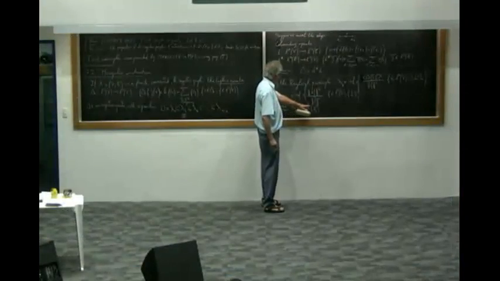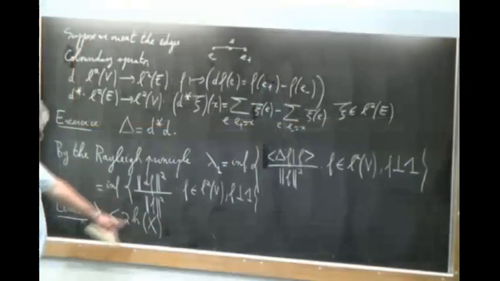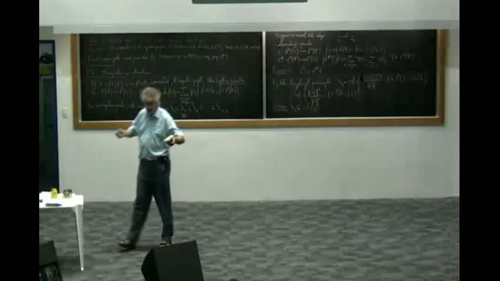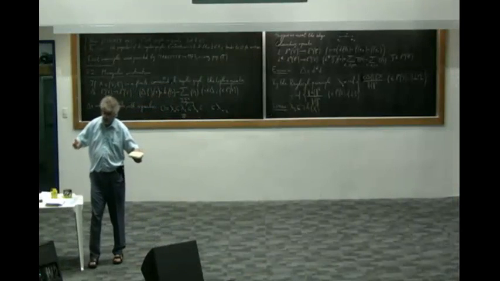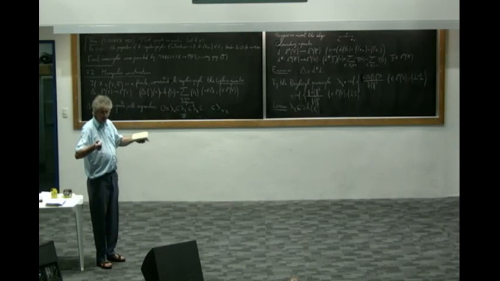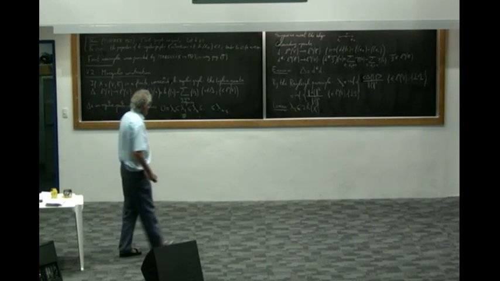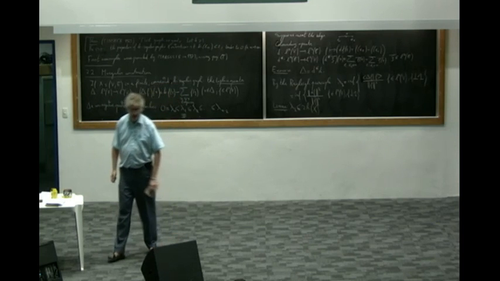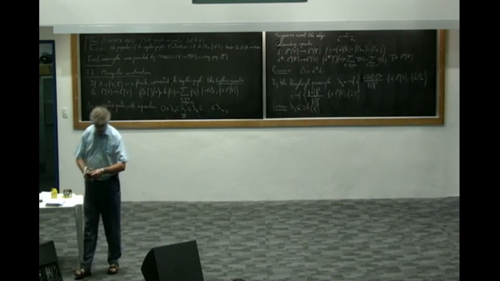There is another inequality from above which shows that lambda 1, which is really an algebraic quantity, and h, which is a combinatorial quantity, do measure, let's say, equivalent things. This double inequality is called the Cheeger-Buser inequality because neither Cheeger nor Buser worked on that.